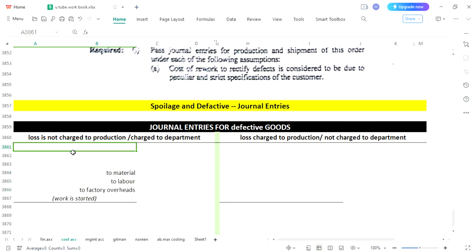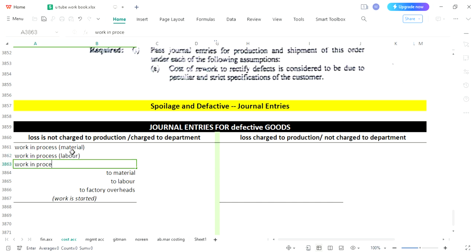By using material, work in process material would be started, and when you use labor, work in process labor will be started, and when FH would be used, work in process FH would be started.